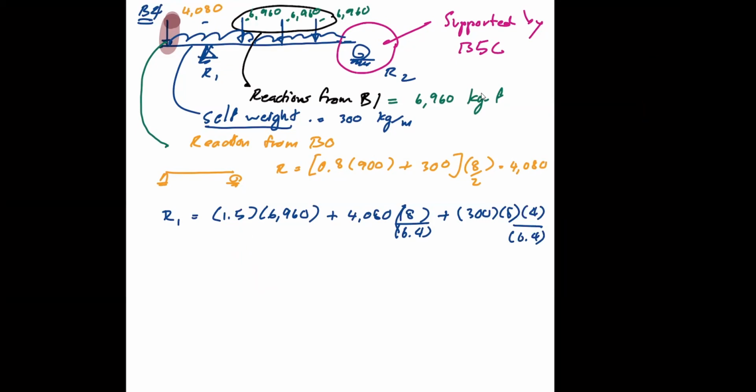And then R2, we can just do the same thing. R2 is going to contribute the same to support the 3 point loads in span. So it's 1.5 load. And then this one is pretty tricky. This one is greater than the load itself. So this one has to be minus, right? So the load is downward.